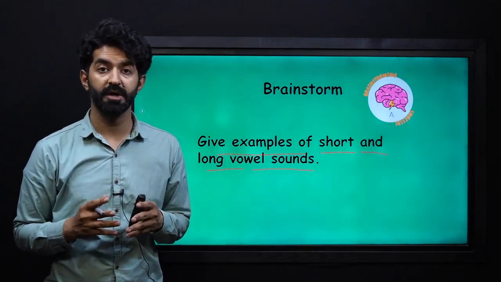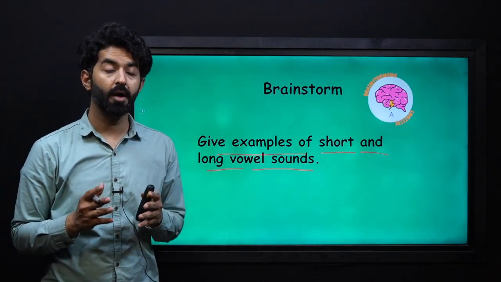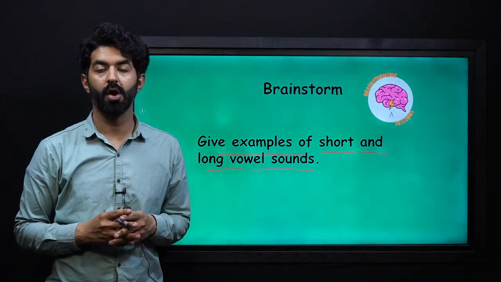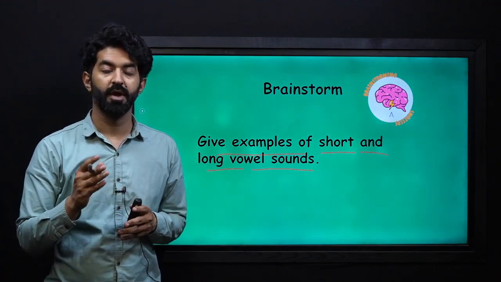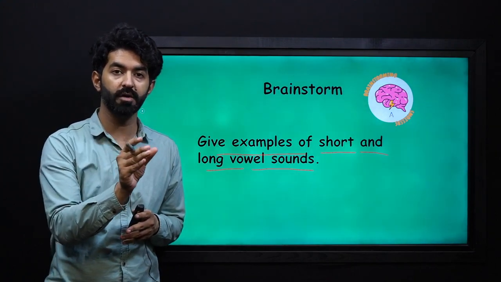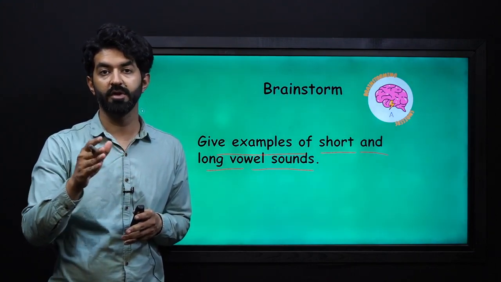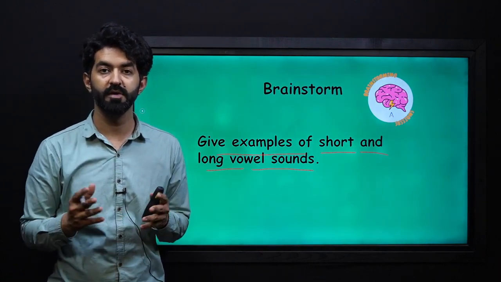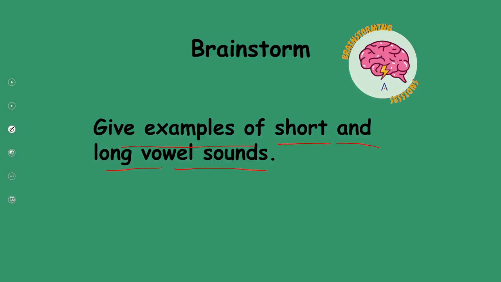When we talk about their sounds, they are 20. And now, can you give me examples of short and long vowels? When we are pronouncing a word, when we use a vowel in a shorter form and when we use them in long forms. Pause the video, think about it. So now, let's move on.